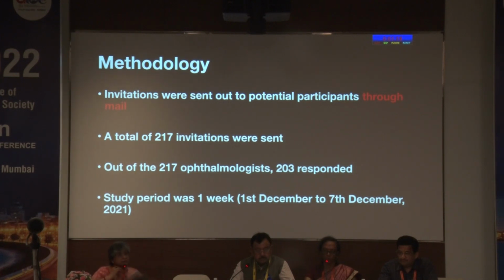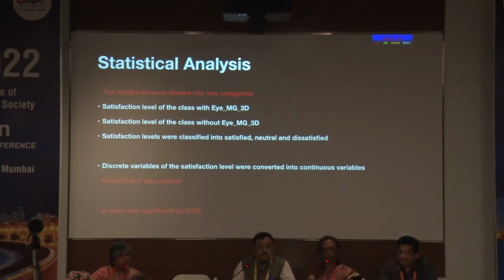We had more than 500 downloads for this app, and the study period was 1 week. The satisfaction levels were classified as satisfied, neutral and dissatisfied. The discrete variables were converted into a continuous variable, and a paired t-test was employed. The p-value that we got was quite significant. The pie diagrams will follow.